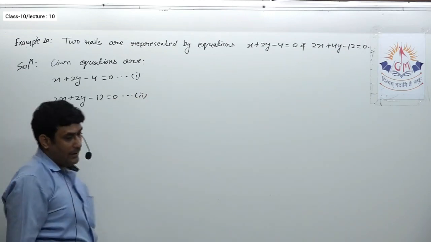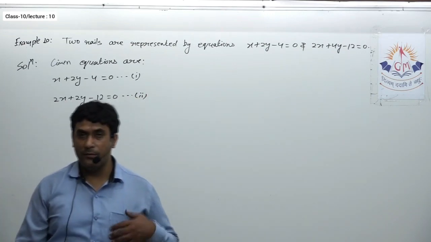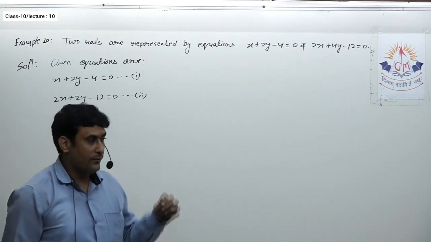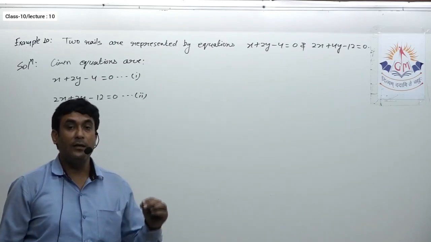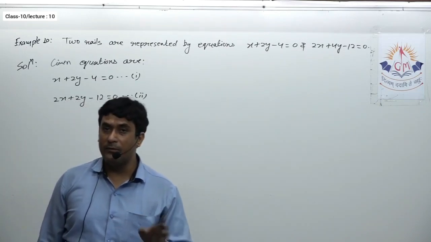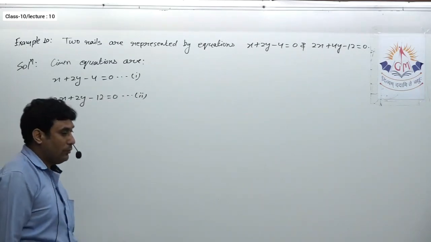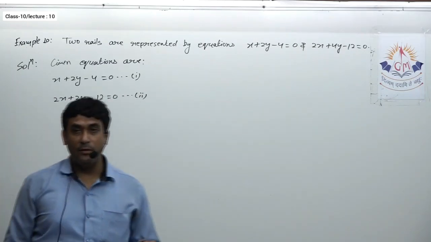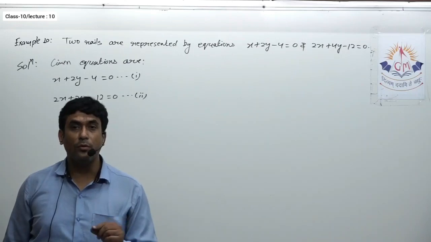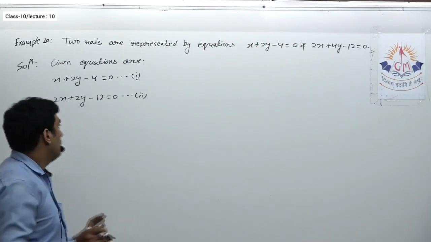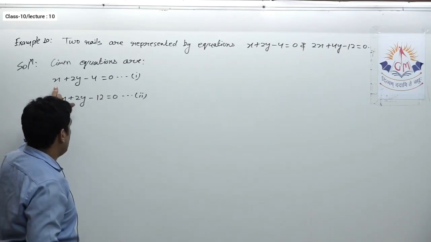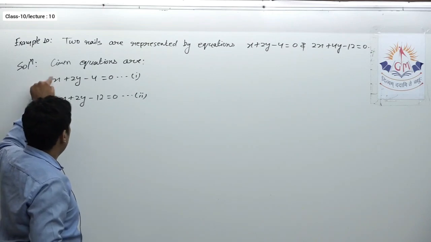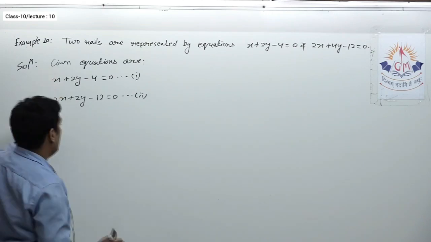So again, as we have to solve it by the method of substitution, the very first thing is that we have to obtain the value of any one variable from any one equation. And as I told you earlier, we always try to find a variable whose coefficient is 1. So here we can see in equation number 1 there is a variable x whose coefficient is 1.